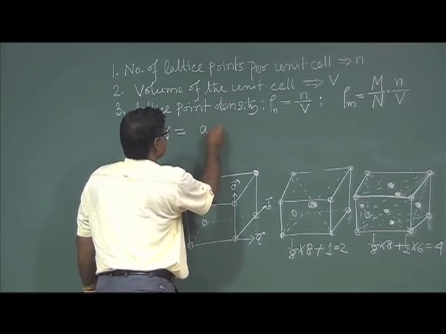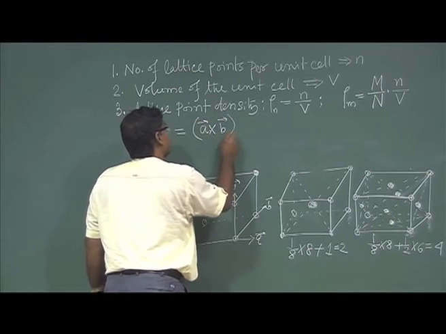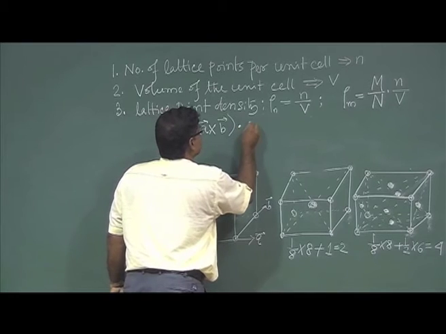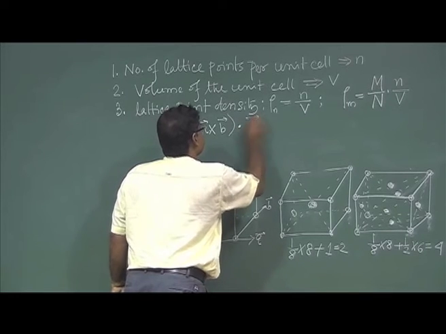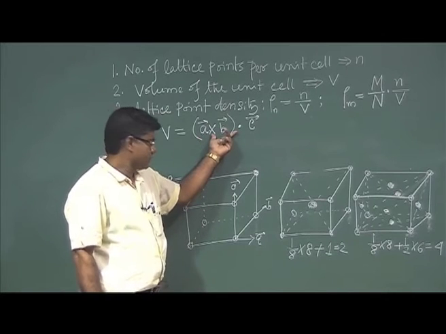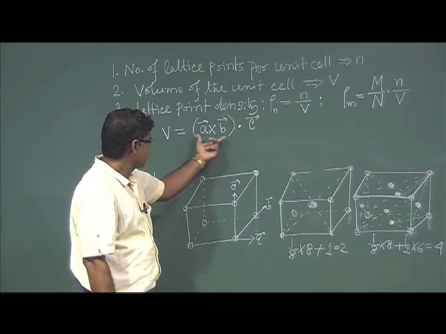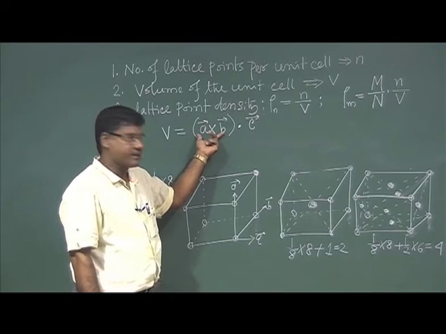I will write A cross B dot product with C. A cross B tells about the area.